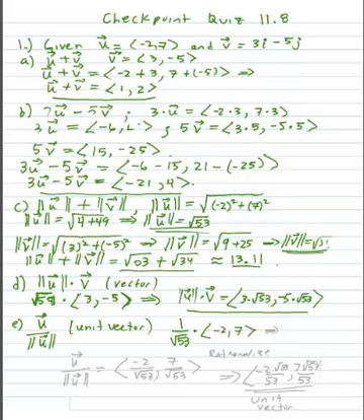Computing that scalar product, we have u divided by the magnitude of u is equal to -2 divided by the square root of 53, 7 divided by the square root of 53. And if you want to rationalize the denominator, we can write that as -2 square root of 53 over 53, 7 square root of 53 over 53. Unit vector.